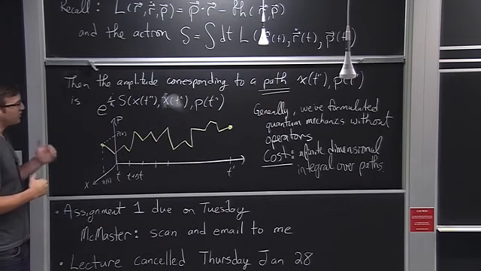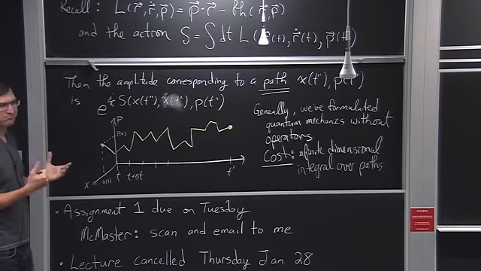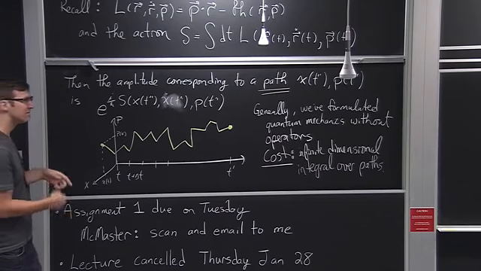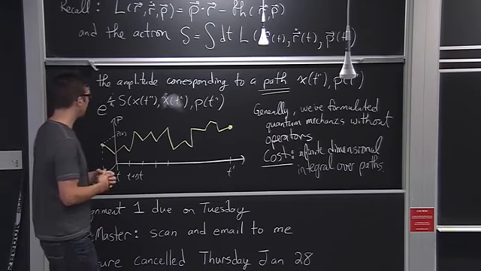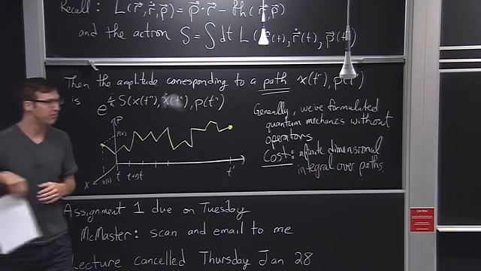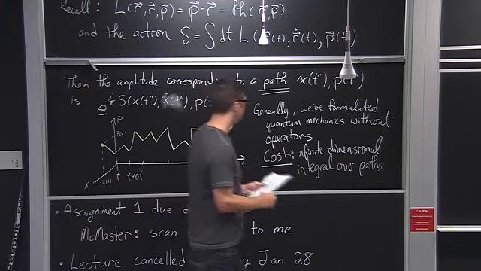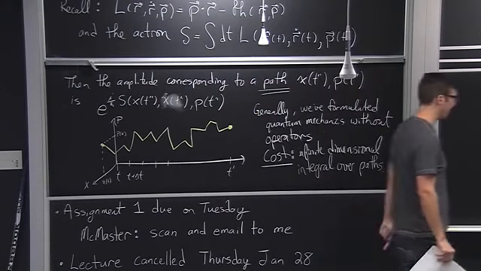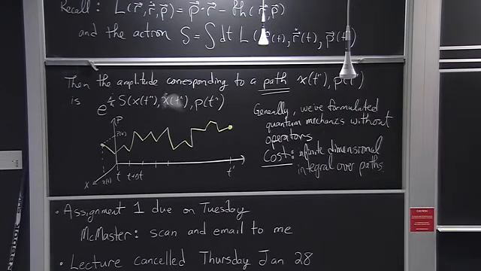So the largest contribution to this integral comes from the classical path that the particle would take, right? But then all the other paths contribute according to their amplitude. So the question is whether or not that's an easier approach to solving problems in quantum mechanics.